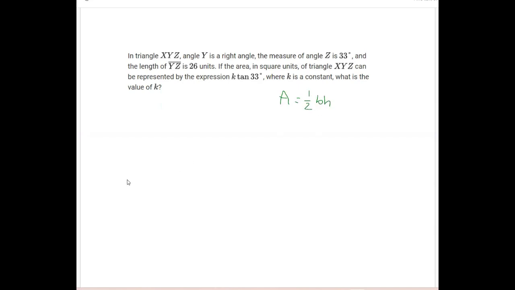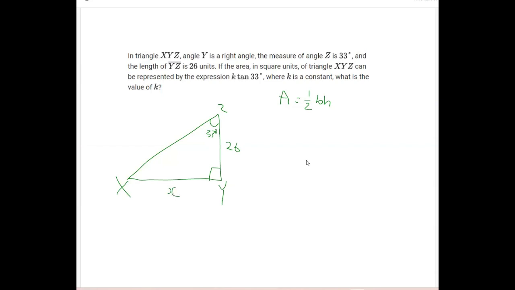So I'm going to go ahead and draw out the right triangle. So Y here, angle Z is 33 degrees, and X is here, okay? And YZ is 26 units. So immediately, I can determine what my XY is here.